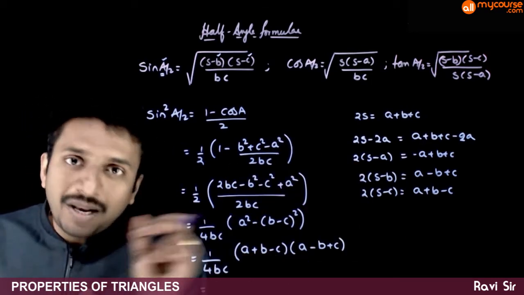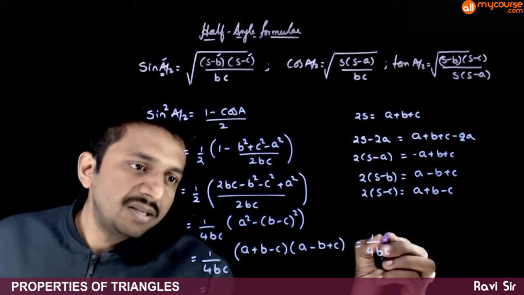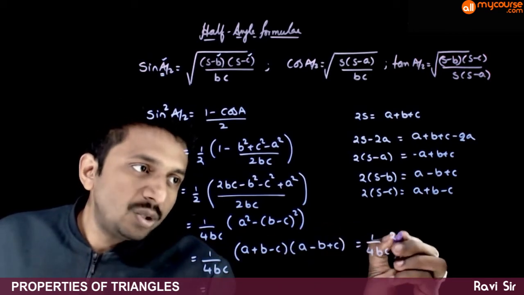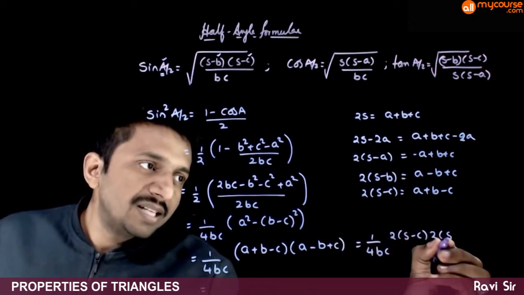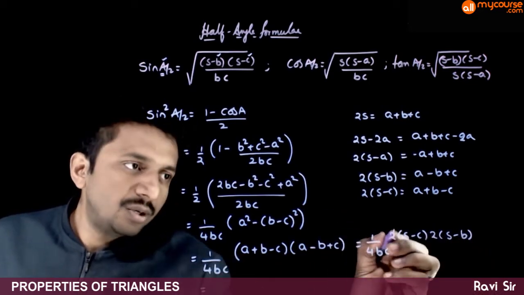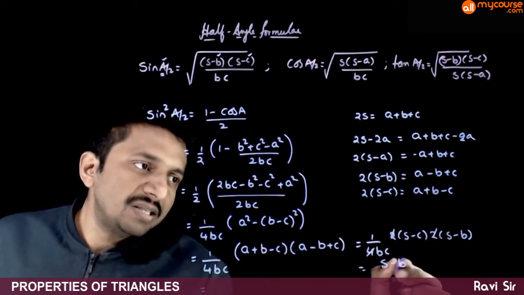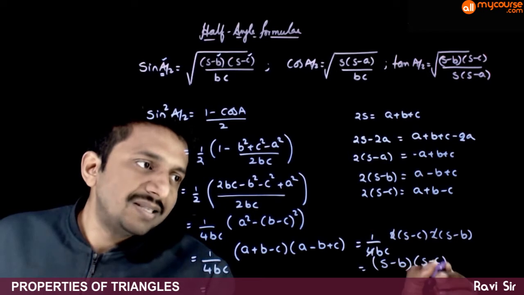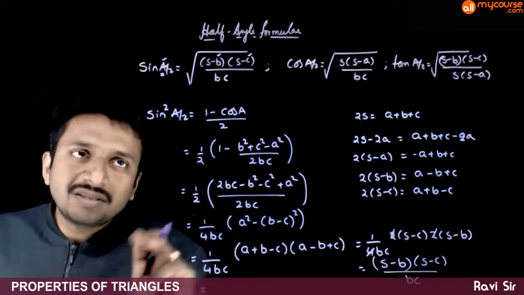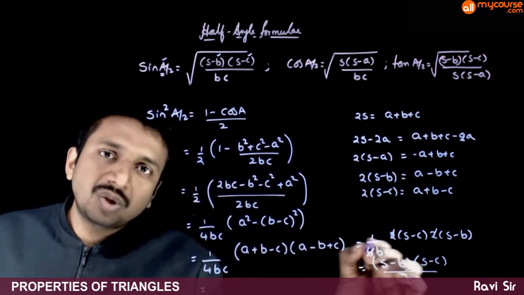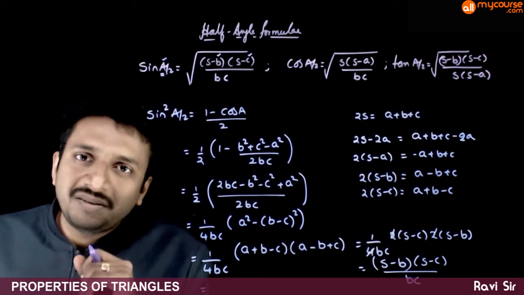So that is equal to 1 by 4BC times, A plus B minus C is 2 times S minus C, and this is 2 times S minus B. So 2, 2 and 4 gets cancelled. That is equal to S minus B times S minus C by BC. So sine square A by 2 is this. So sine A by 2 is square root of S minus B into S minus C by BC.